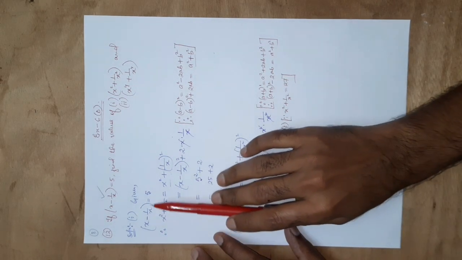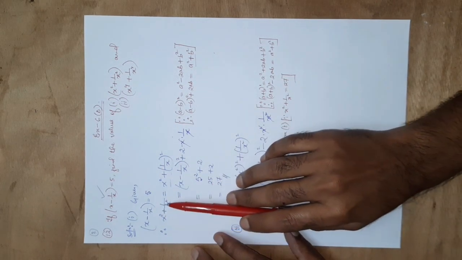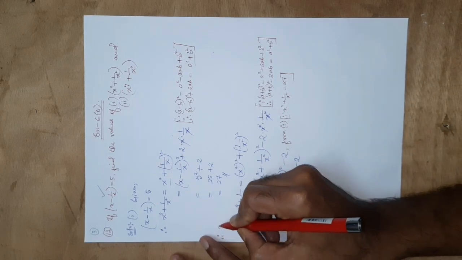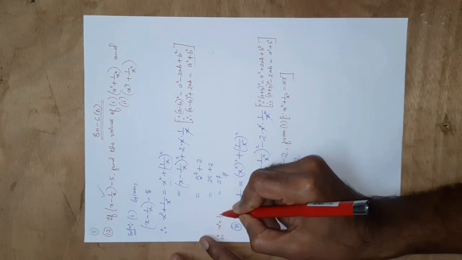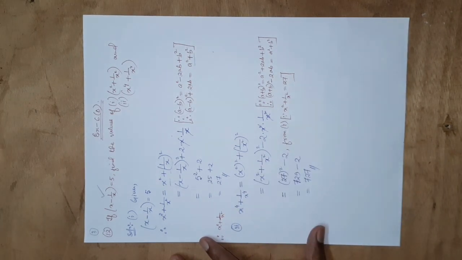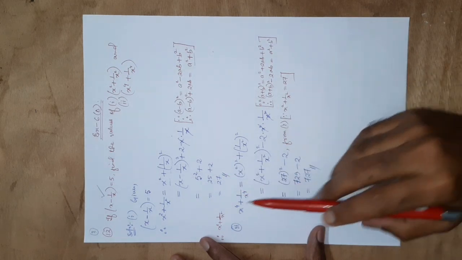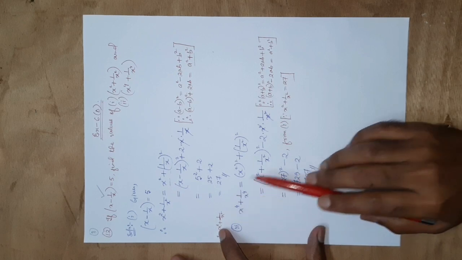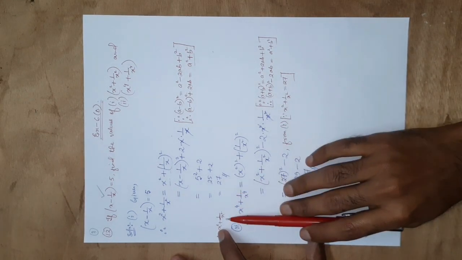Here x minus 1 by x is 5 and x square plus 1 by x square is 27. Therefore x square plus 1 by x square equals 27. So if I can convert this expression into this form, I can do it because I have the value of this form.